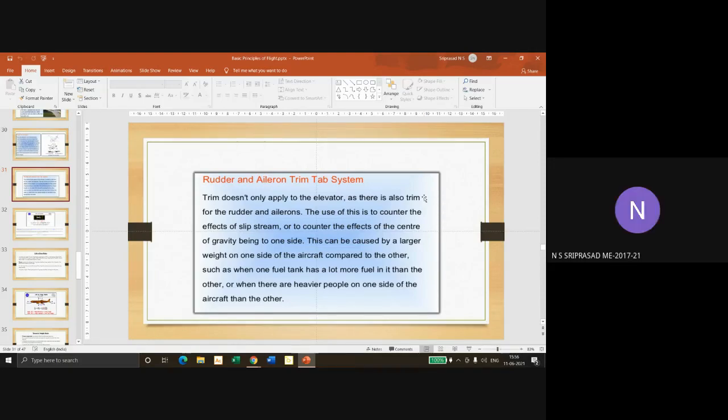So what usually happens is, fuel is used in the same amount from both tanks. When the fuel is being consumed, the fuel from both tanks will reduce for sure. What the slide actually says is about when there is more fuel in one tank than the other. This happens sometimes because of a fault.